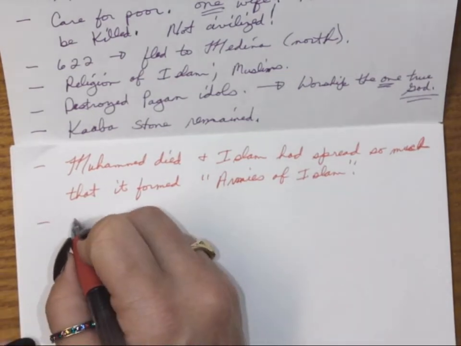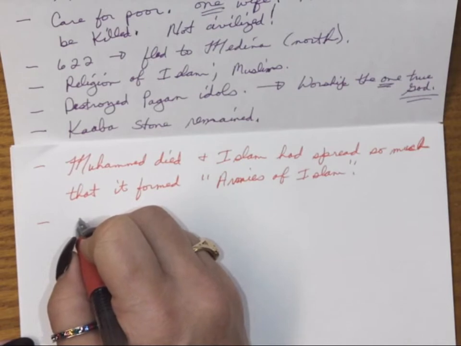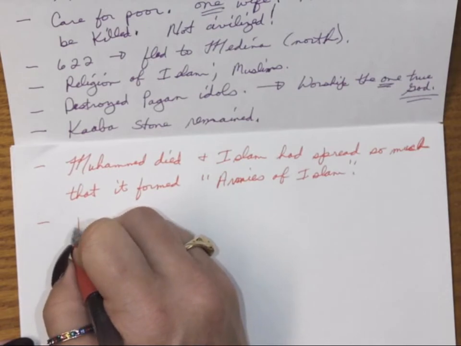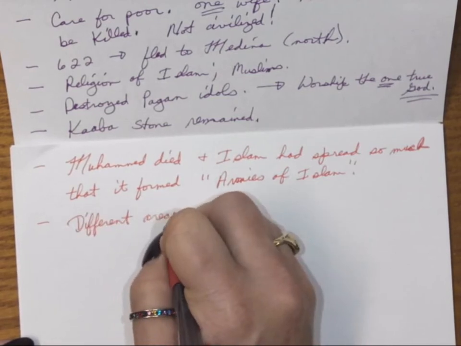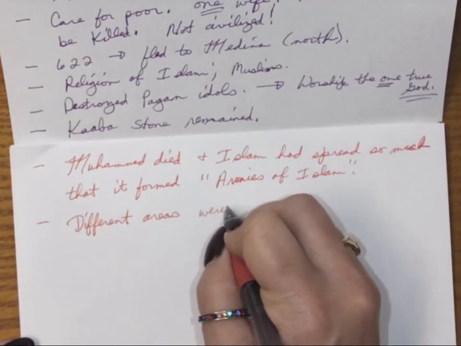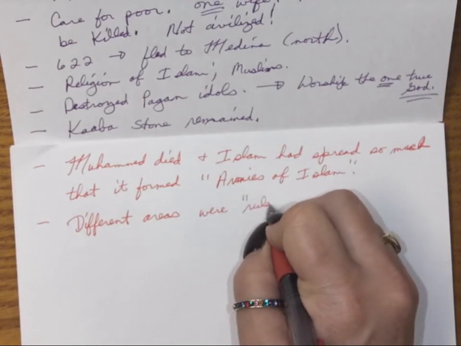So there were these... I don't want to say it was a split. It wasn't a split. It was more like we're one giant country and these are states, so to speak. So different areas were, I don't want to say ruled, but basically that's what they were doing.